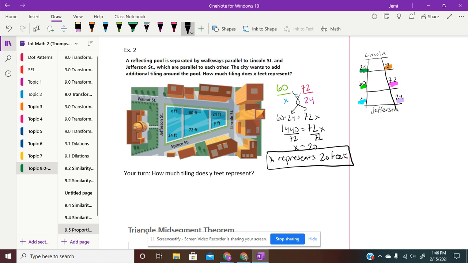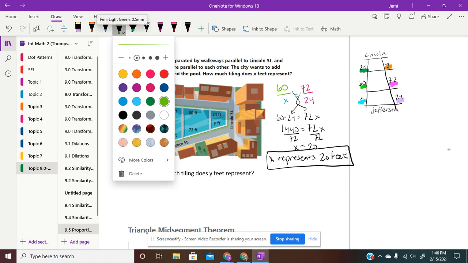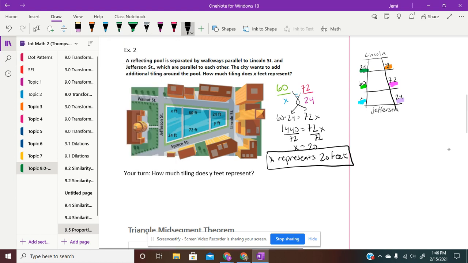So I'm going to suggest that you pause this, set up your own proportion, and solve before watching my solution. Okay, hopefully you gave that problem a try.